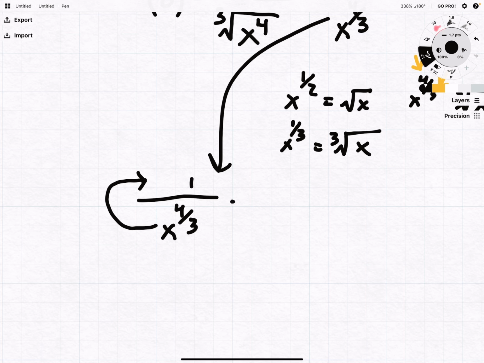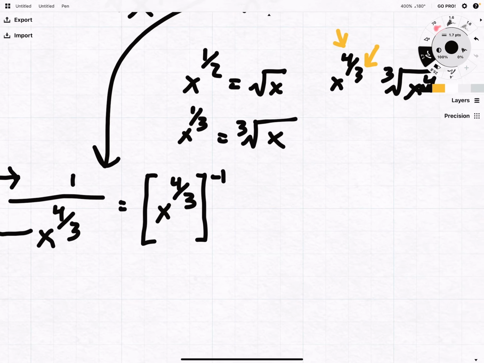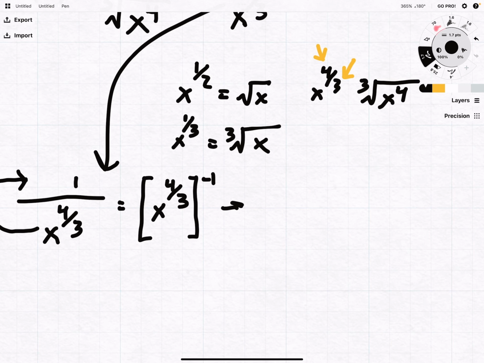So the only way to do that is we actually just write x to the 4 thirds, and you can say that's to the negative first power. And then you could even distribute that negative first power in, and we could just say x to the negative 4 over 3. And that's going to be our answer.